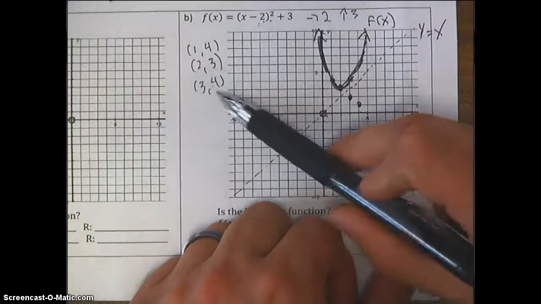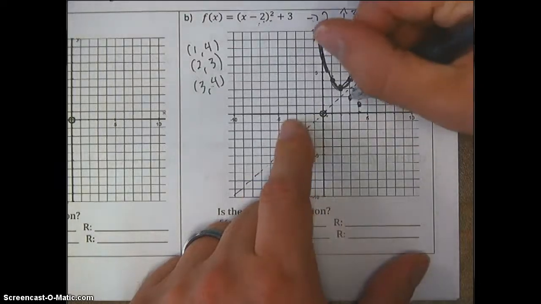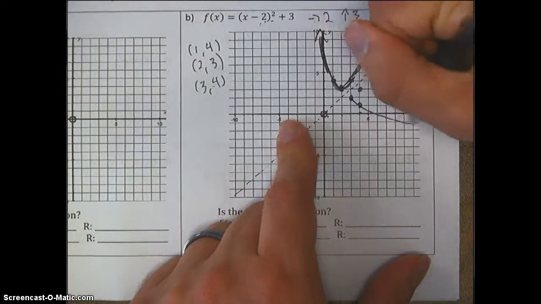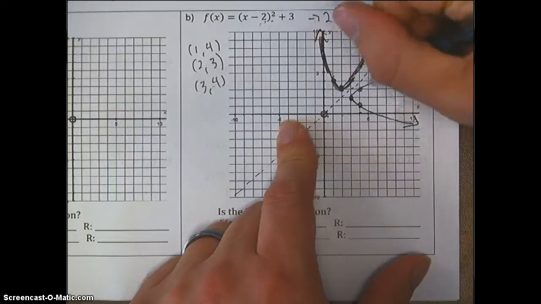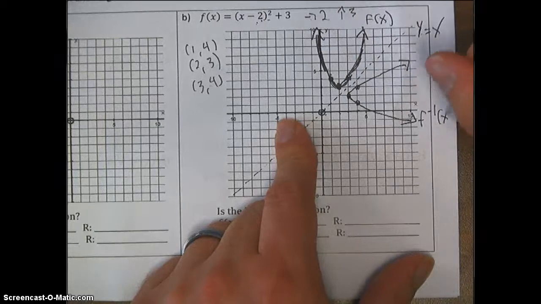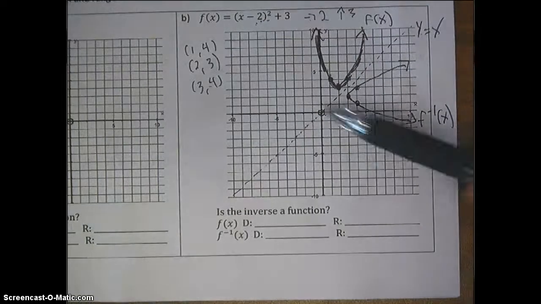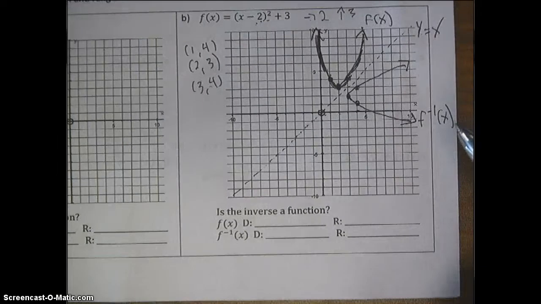And that 3, 4 becomes 4, 3. So over 4 up 3. And then I can graph this inverse and label it f negative 1 of x. That's the inverse. So you can see its reflection across this line y equals x.